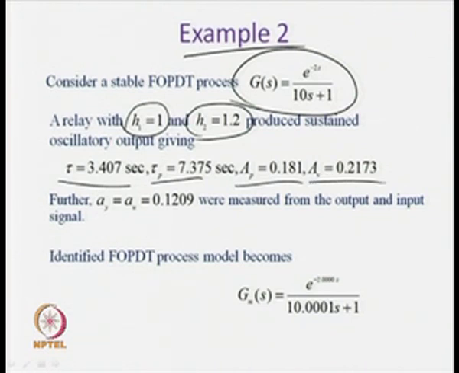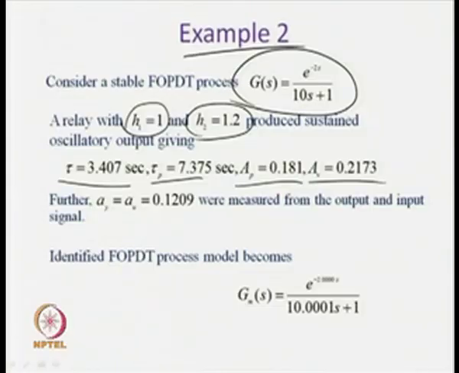Now, I will not use the 4 expressions, or the set of expressions, to find the unknowns associated with this transfer function model for this process. Rather, I will use the explicit expressions. From the explicit expressions, the T1 is found to be 10.0001 and the delay is found to be 2.